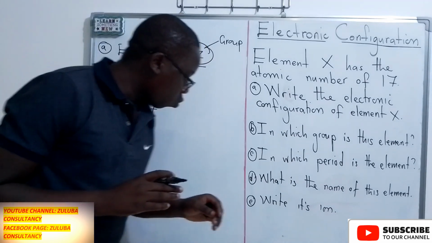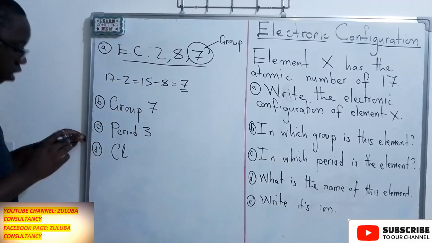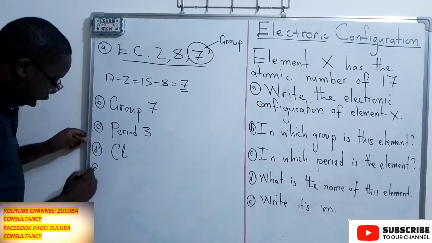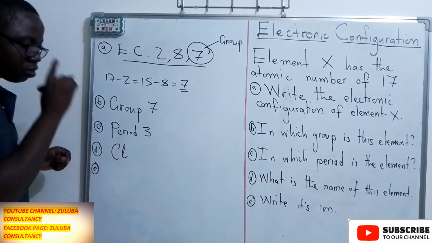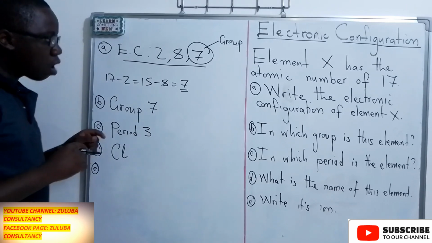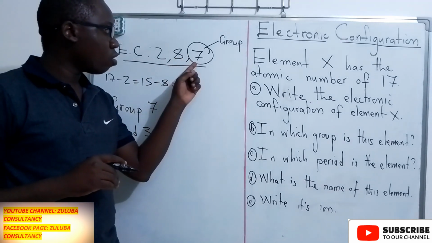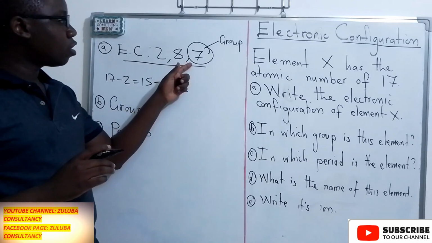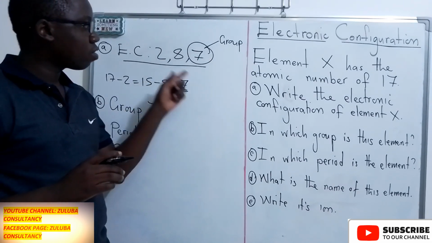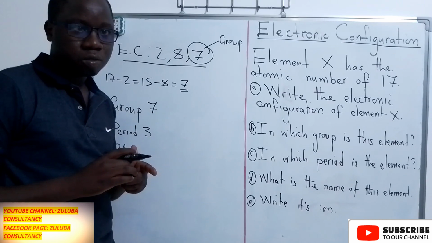The last question is asking us to write the ion of this element. Now, when you look at the electronic configuration that we wrote, it suggests that the last shell has 7 electrons.